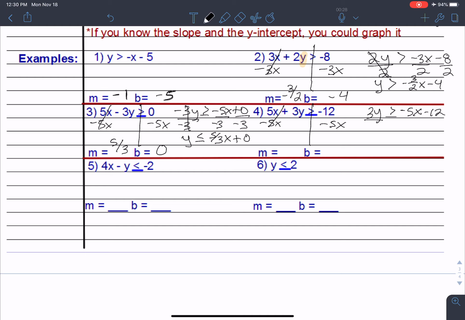And I'm going to divide everything by 3. This time it's a +3, so I don't have to flip my symbol, so I get y is greater than or equal to, I have a negative and a +3, so it's -5/3 x minus 12 divided by 3 is 4. So my slope is -5/3, and my y-intercept is -4.